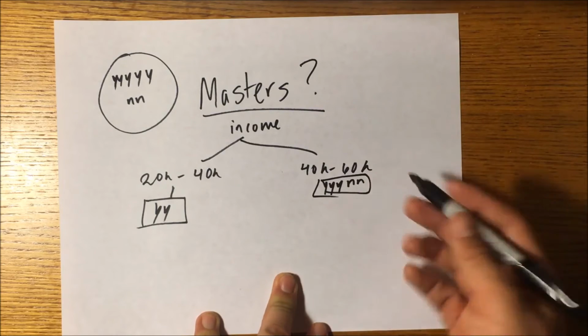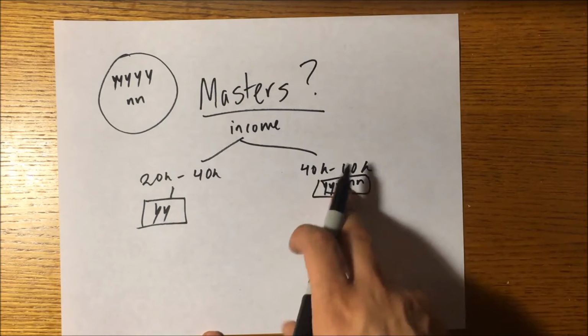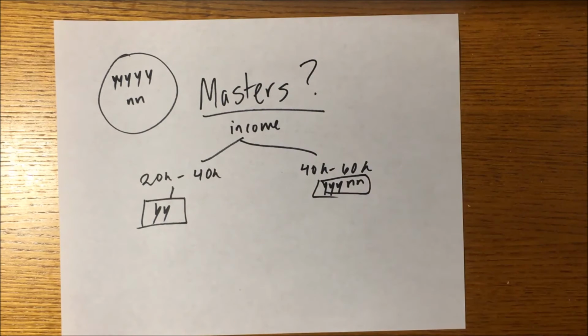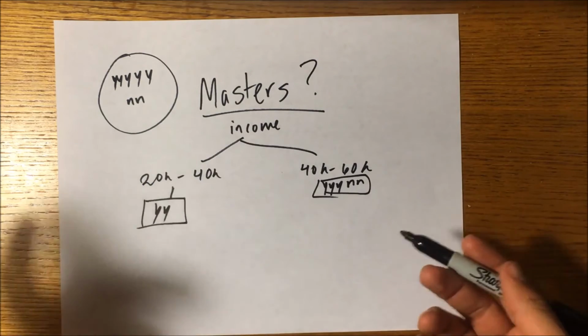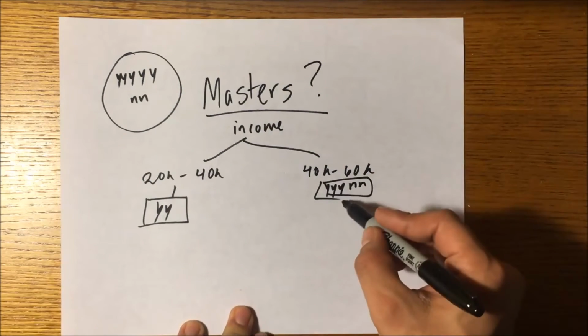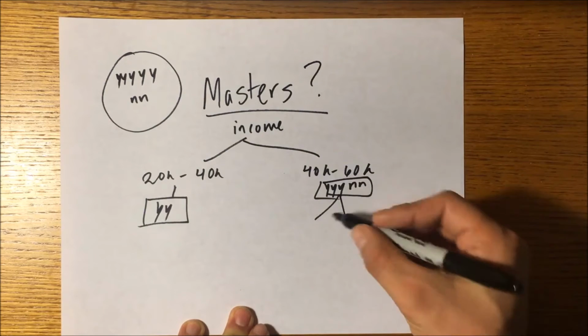These are your 5 people, 3 yeses and 2 nos, so 3 of the people that make $40,000 to $60,000 are going to go to college, and 2 of them are not. Based off of that, we'll then look at their employment status.